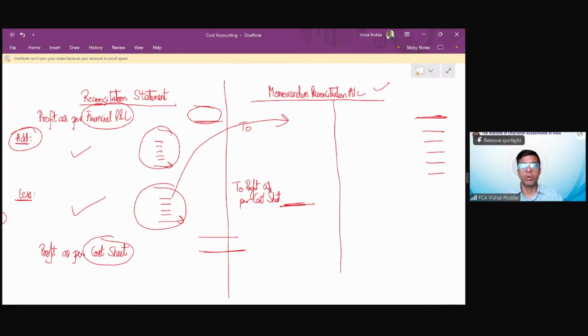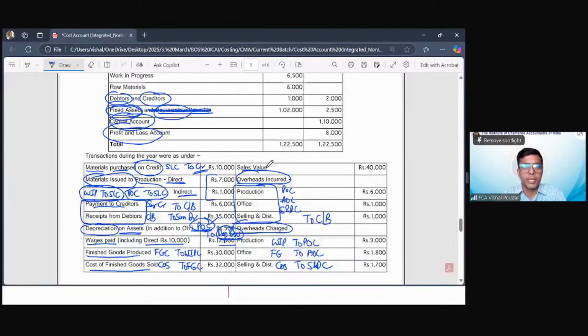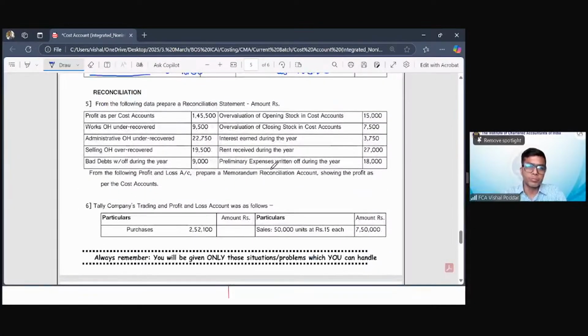So let me take you to a question. Now, this is a typical exam question. What is it saying? From the following data, prepare a reconciliation statement. Now, they have asked me to prepare a statement, but here again, they have said prepare a memorandum reconciliation account. So I'll be preparing the account only.